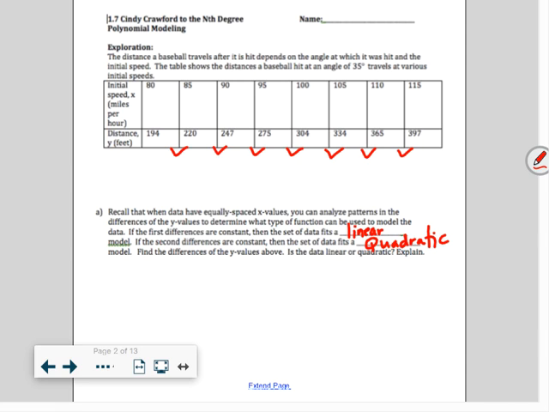So you'll take 220 minus 194, so that's 26. Then you'll take 247 minus 220. And so on. So find each of the differences.